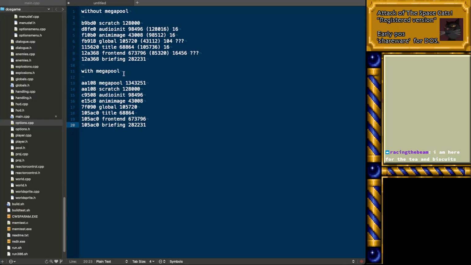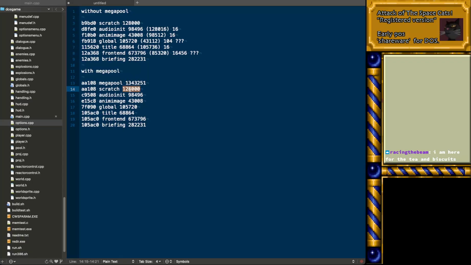So what I've been looking at today is exactly how much memory each allocation takes. That's what this is telling us here. The really straightforward one is when we use the Megapool, because we control exactly how that works. So this all makes perfect sense. Initially we're allocating a 1.3-ish meg buffer for the Megapool, so the entire program will fit in that.